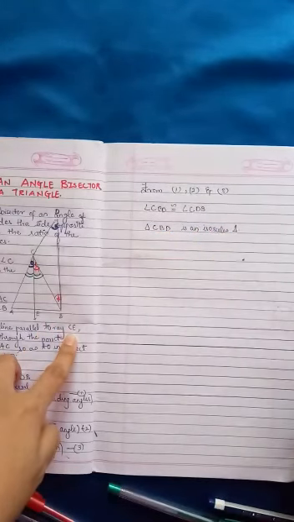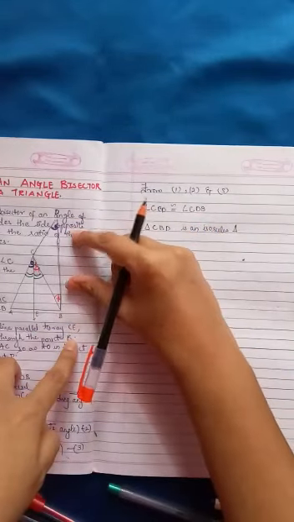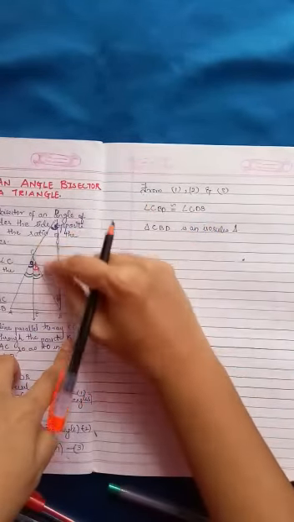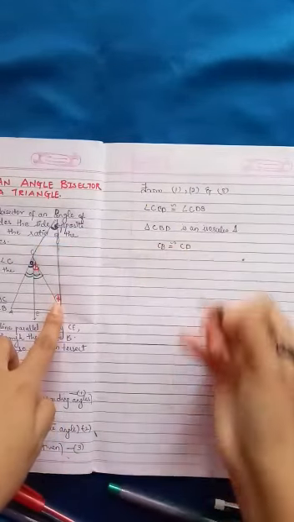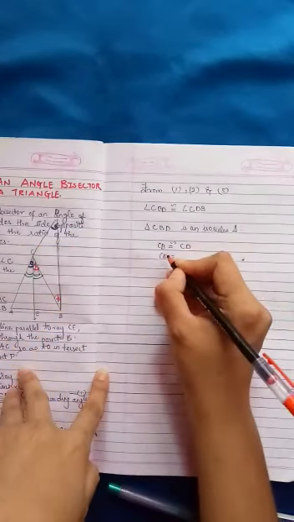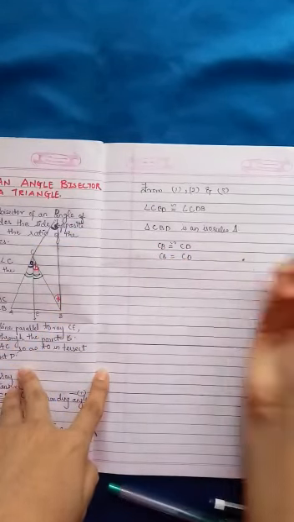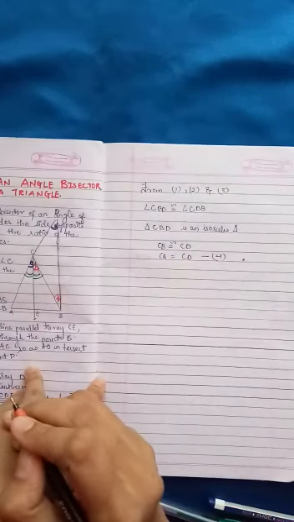Yes, I can conclude, because both the base angles are the same. In an isosceles triangle, if the base angles are the same, can I say that CB is congruent to CD? Yes. If CB is congruent to CD, can I write CB is equal to CD? Yes, I can write. Okay, I will give this as statement number 4.